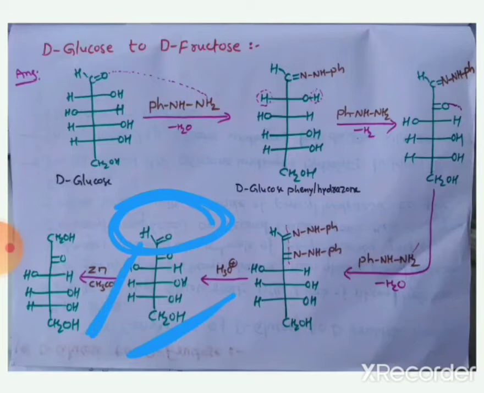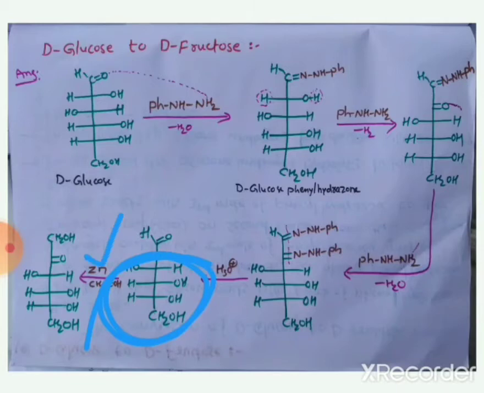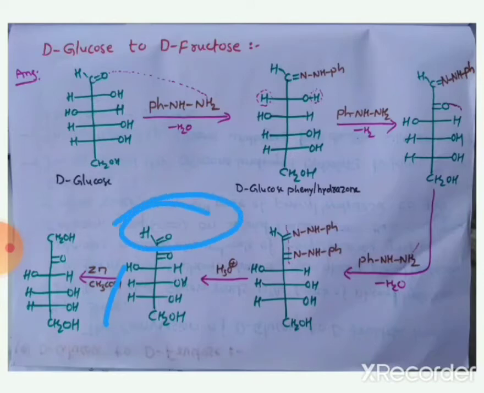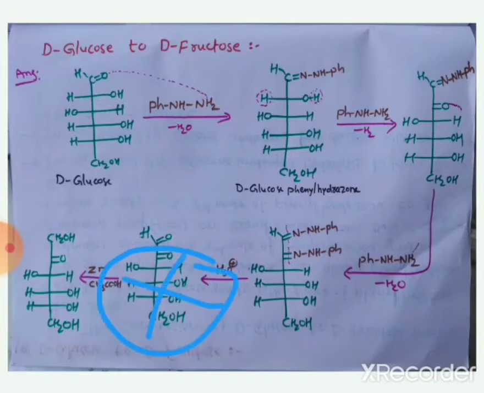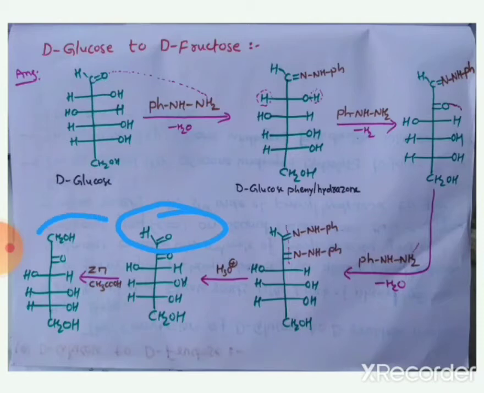The remaining groups are not affected. So here the aldehyde C=O will convert to CH2OH.